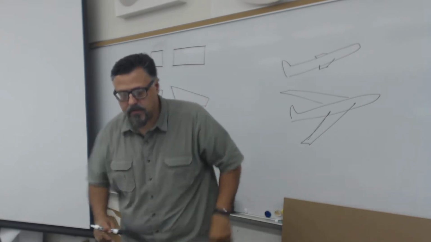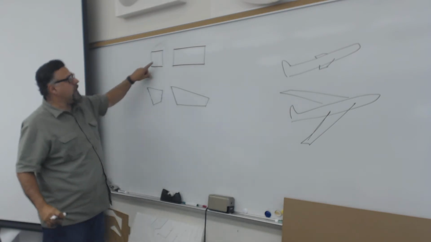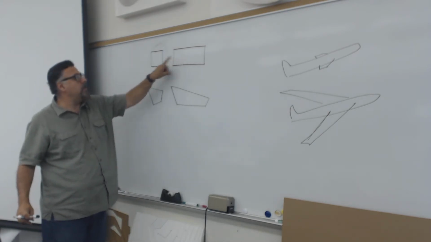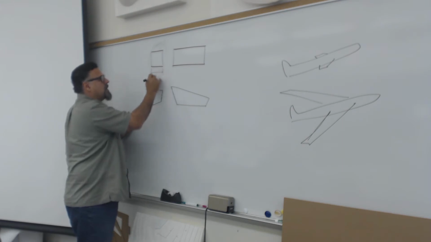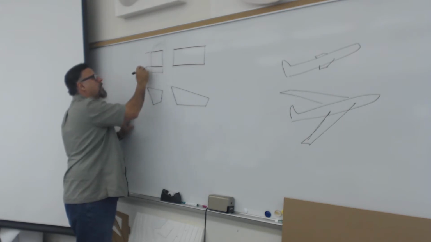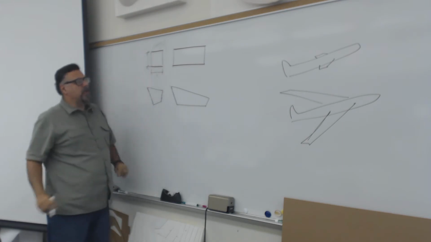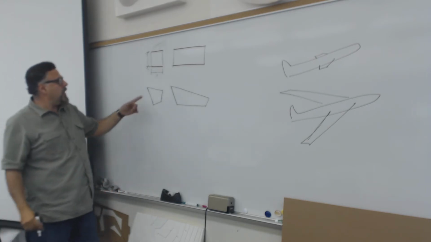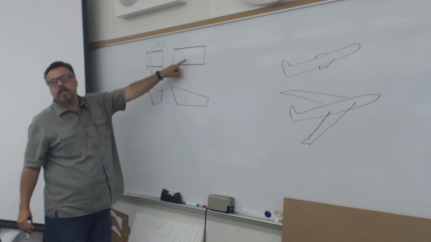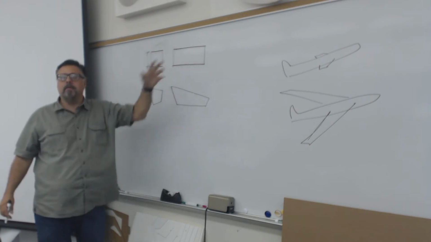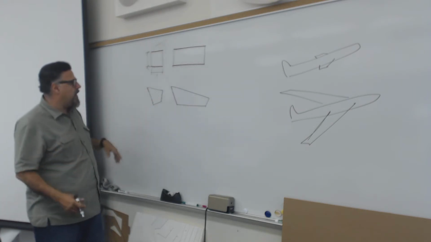So the first thing was the ratio, right? Length to width. So the closer it is to 1 to 1, the more stable the object looks. And so here we see a square and a rectangle. The rectangle has that longer proportion and has that sort of character.